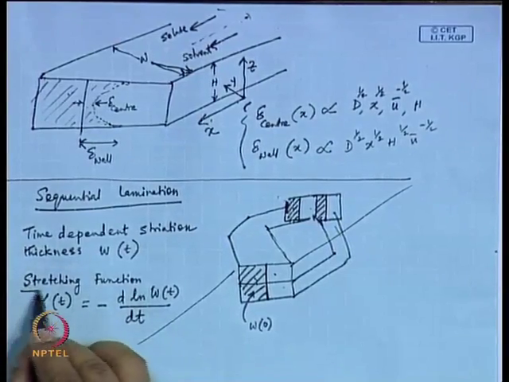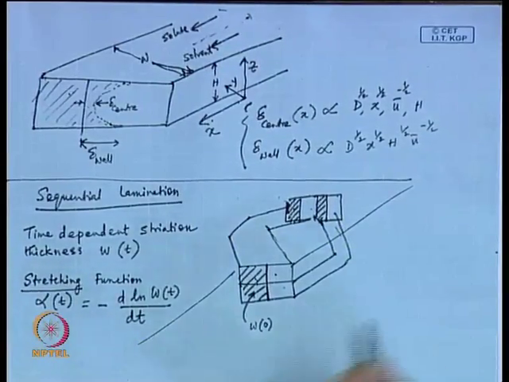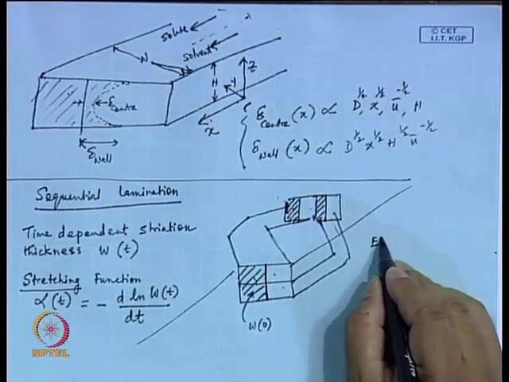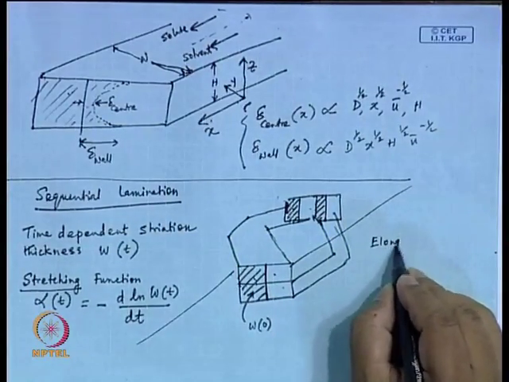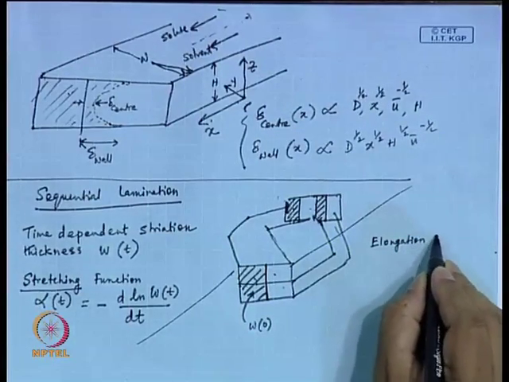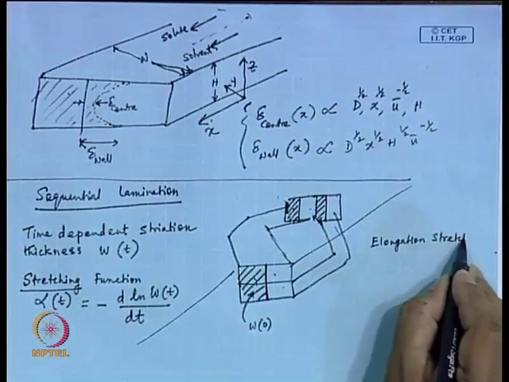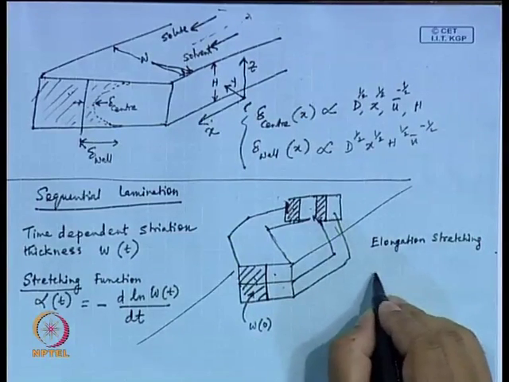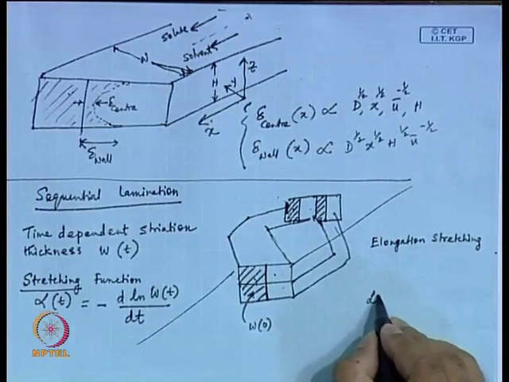When it comes to stretching, there are two types of stretching possible. One is called elongation stretching, and the other is called linear stretching.